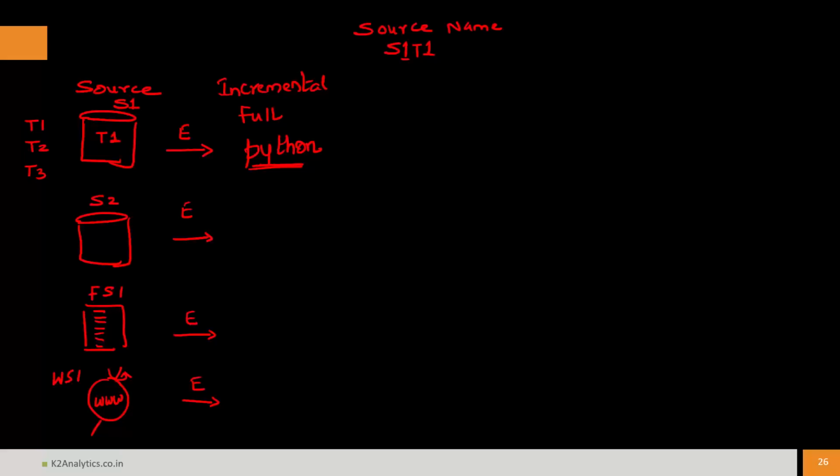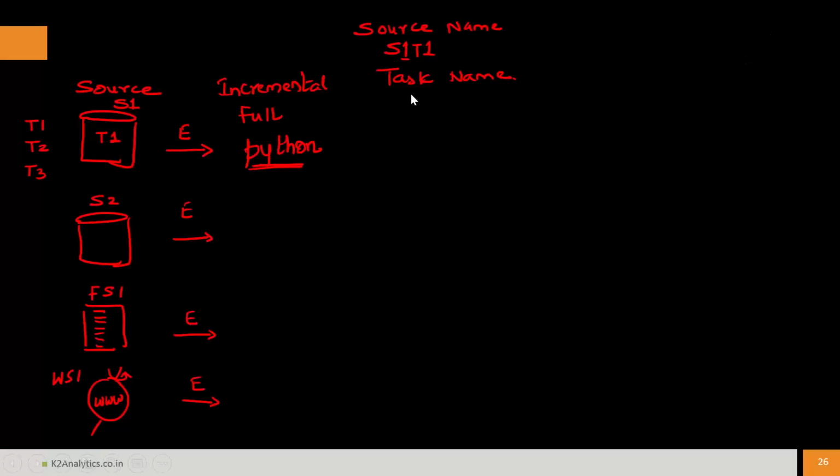In that case, quite often the source name will also become your task name. It is not necessary that the source name and task name should always be the same. So we have source name and task name.